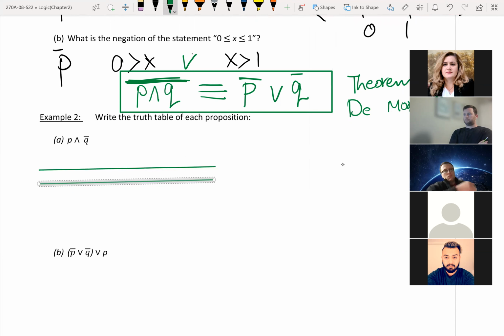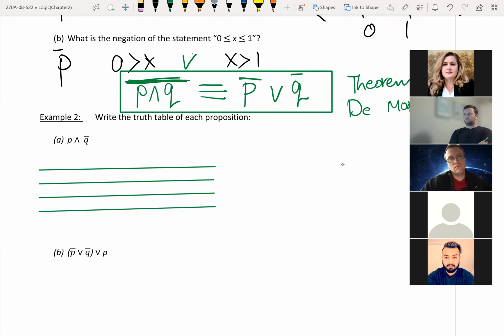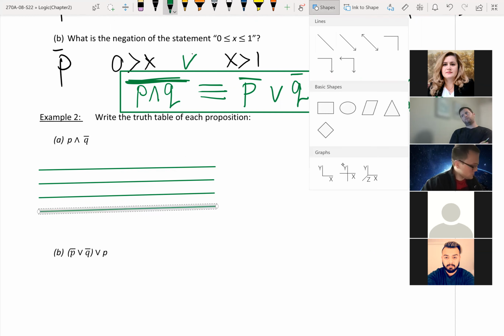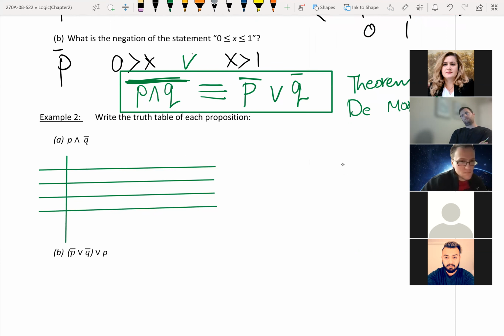We have to do P, Q, and then the negation of Q, and then P and the negation of Q. So you have to do P, you have to do Q, you have to do the negation of Q.